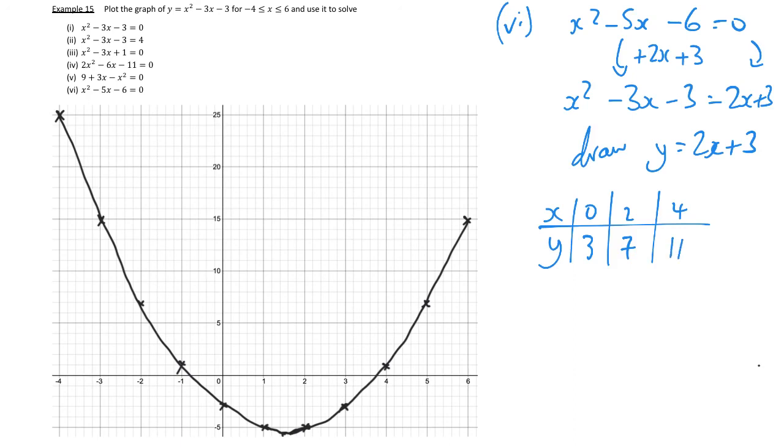So our coordinates there are 0, 3, 2, 7, and 4, 11. And if we join those up using a ruler, we get x values of 5.9 and minus 1.